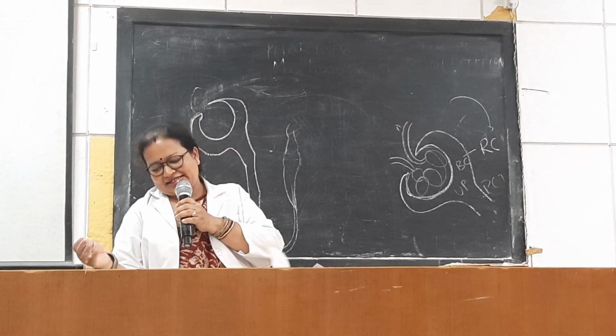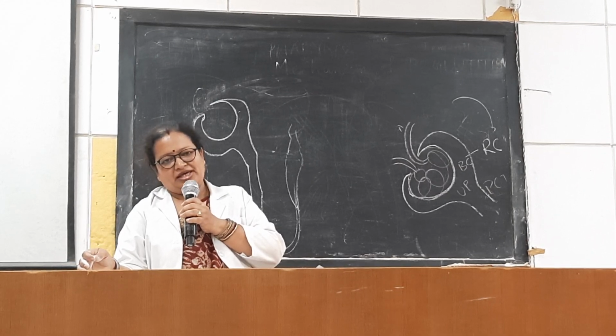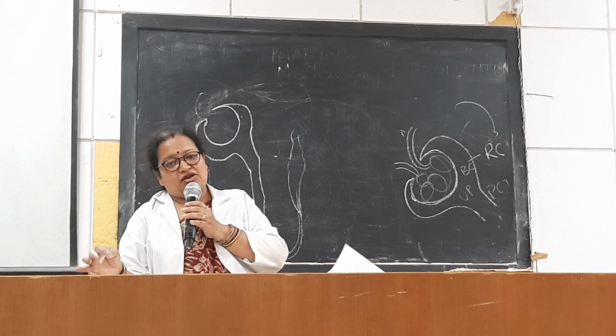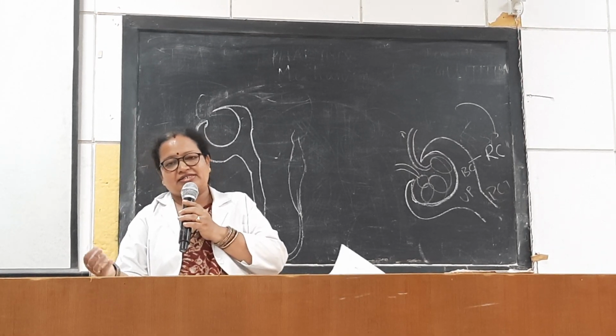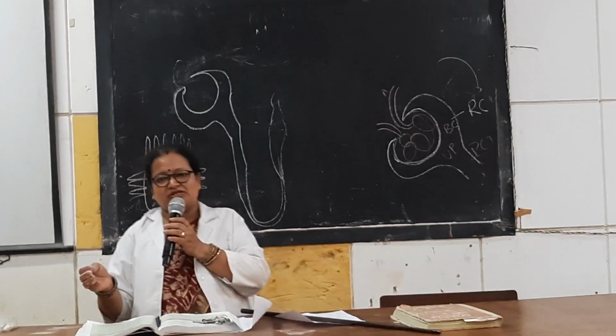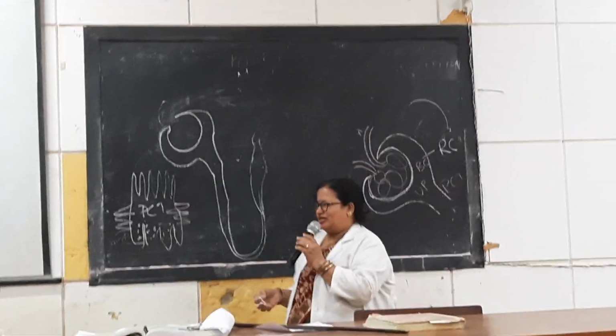And in the distal convoluted tubule, again there is reabsorption of sodium and excretion of potassium along with hydrogen ions, which helps in the acidification of urine.